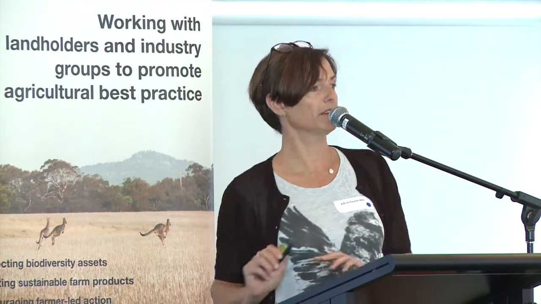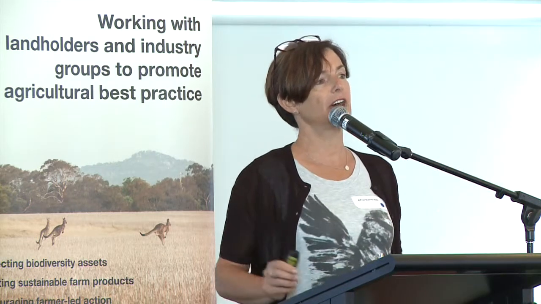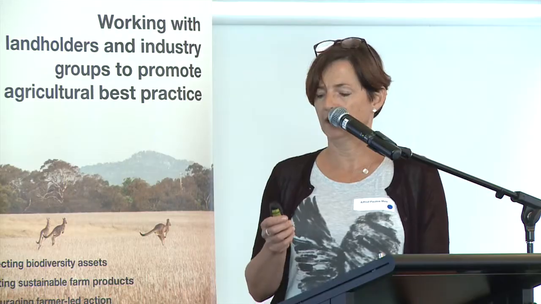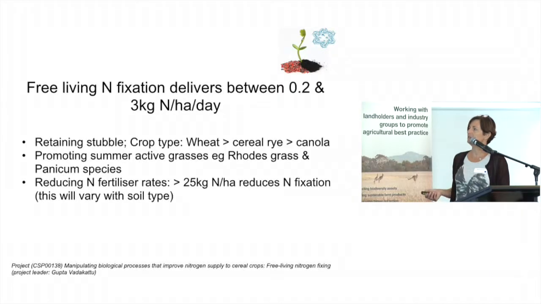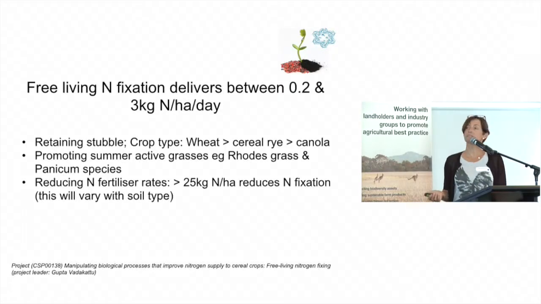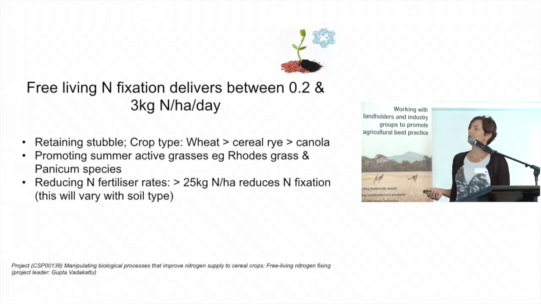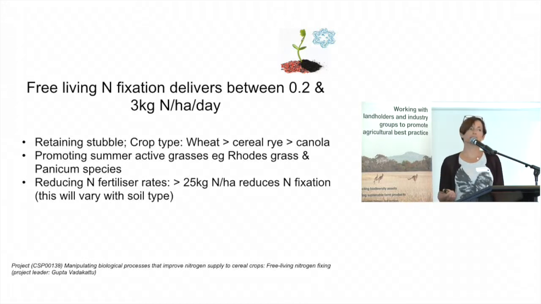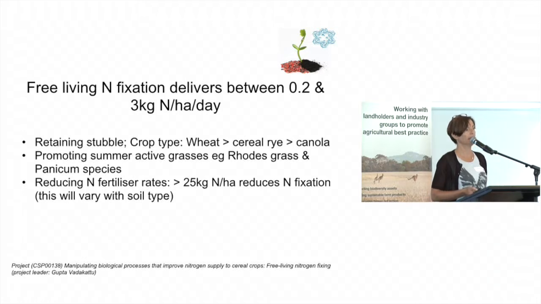I'm not talking about those, I'm talking about a whole lot of other organisms that live freely and fix nitrogen. It's been shown, in cropping soils in the southern region, that between 0.2 and 3 kilograms of nitrogen per hectare per day can be fixed.